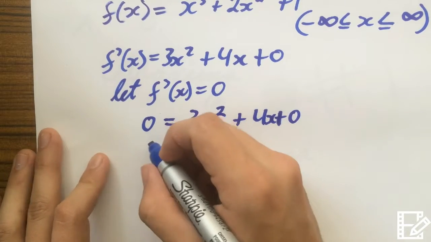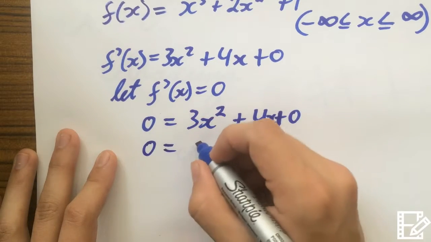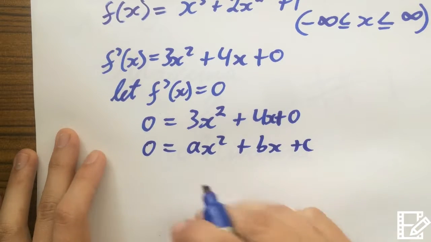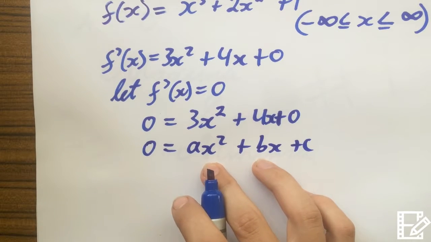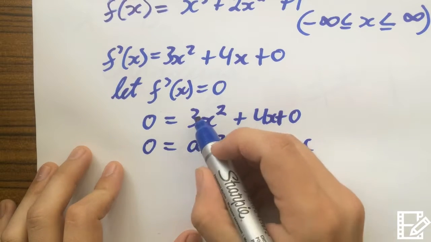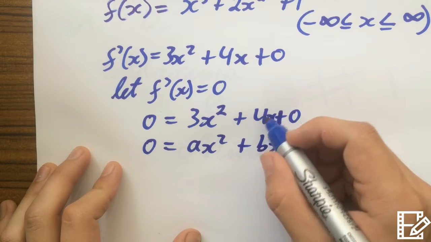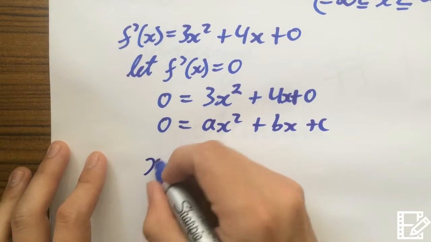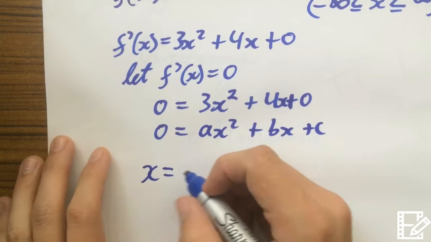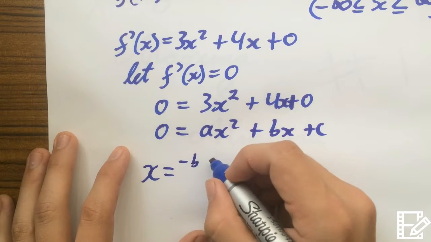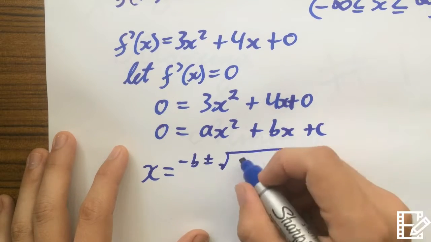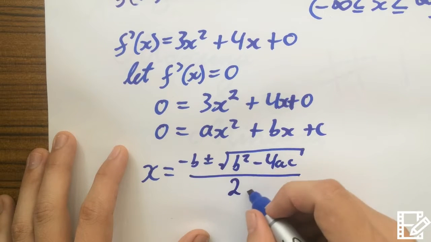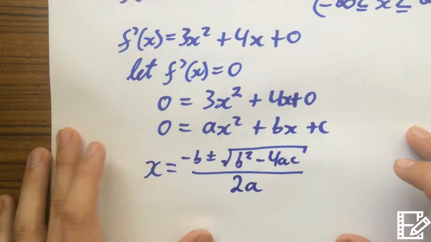If you have ax squared plus bx plus c, you can use the quadratic formula to solve for x, and a is our 3, b is our 4, and c is the 0. The quadratic formula is x equals negative b plus or minus the square root of b squared minus 4ac, over 2 multiplied by a.